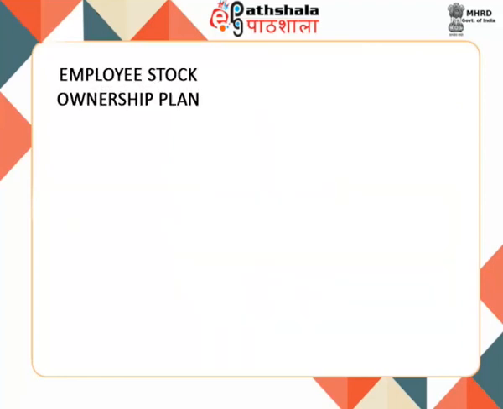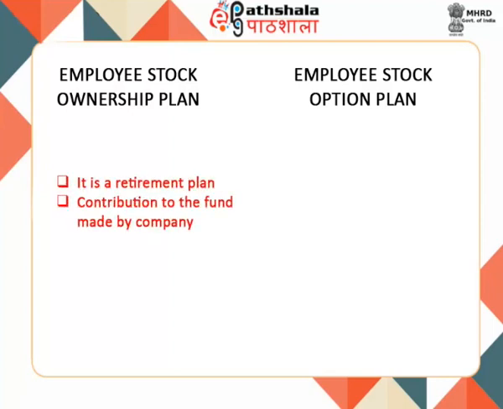Employee Stock Ownership Plan and Employee Stock Option Plan should not be confused with each other. Two important differences are: firstly, the former, unlike the latter, is a retirement plan in which employees receive their stock when they leave the company or retire.